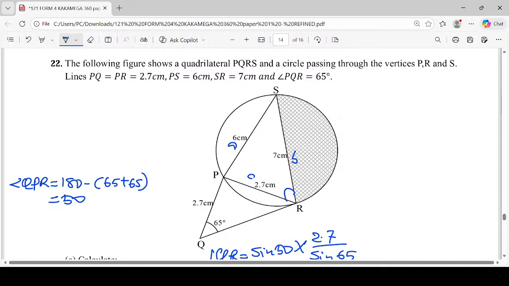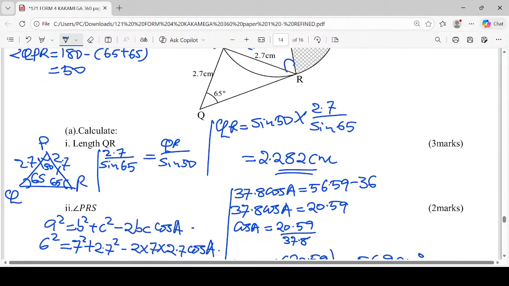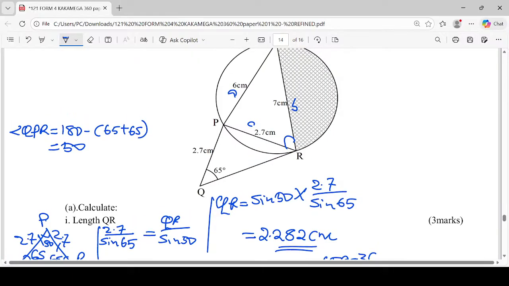So we've already found this angle here, the angle at R as 56.995 degrees.